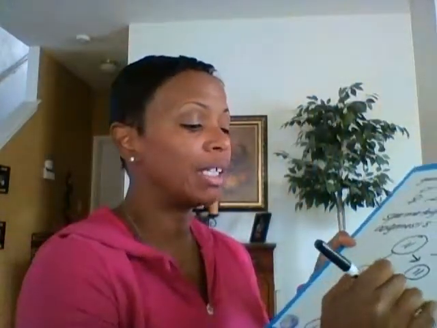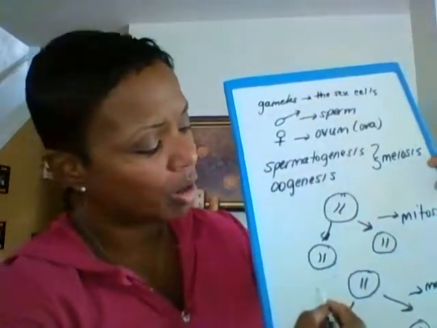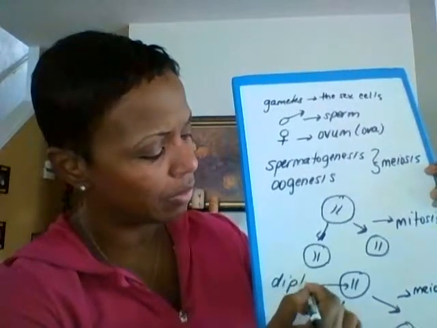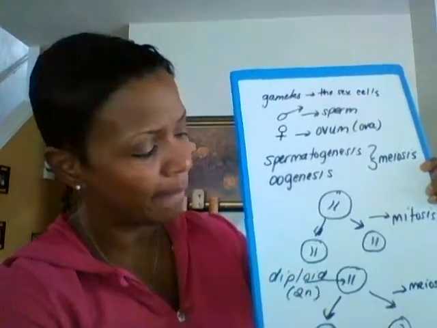So in this case, we call this number diploid, which means twice the number.